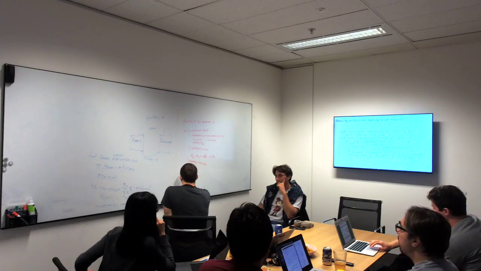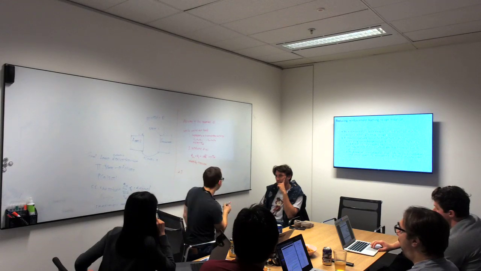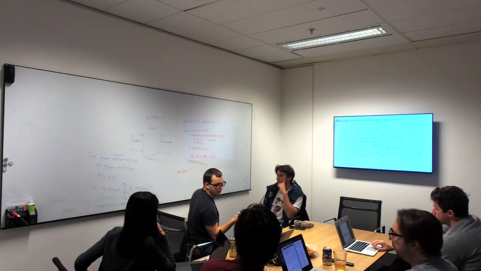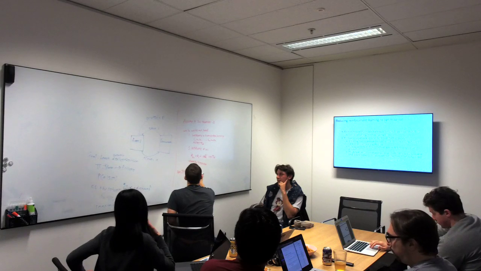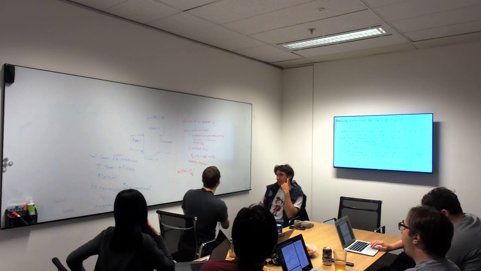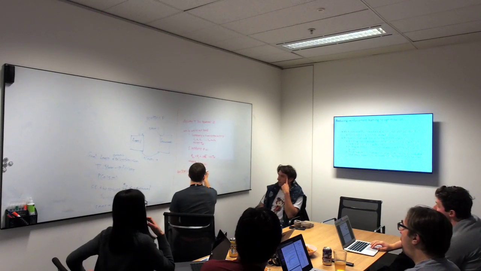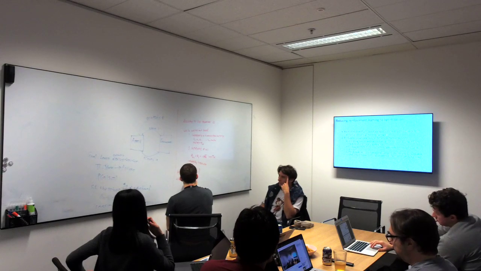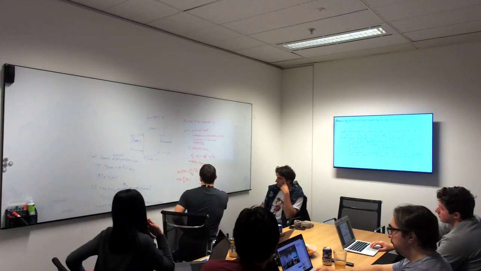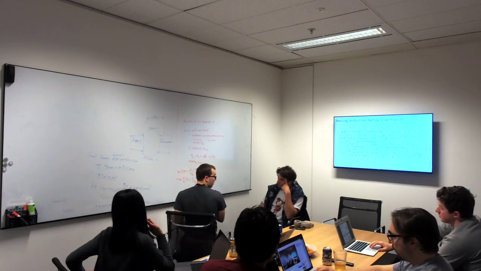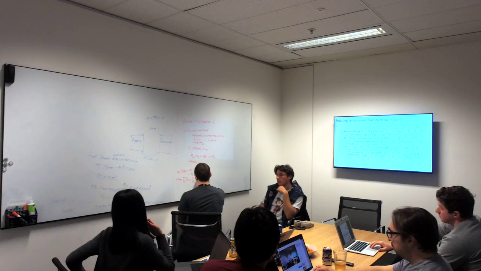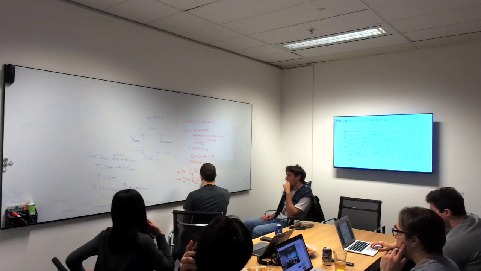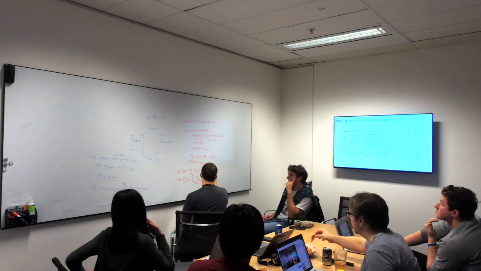The idea is that if J of theta equals the expected value over pi of the return, G_T, then grad theta J theta is equal to the expected value over pi of the return times grad of log pi.